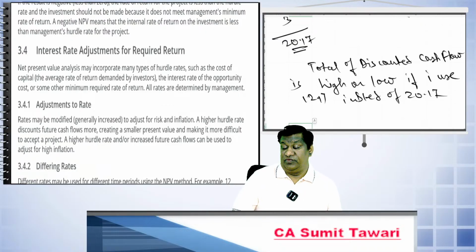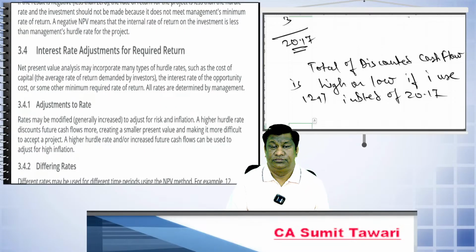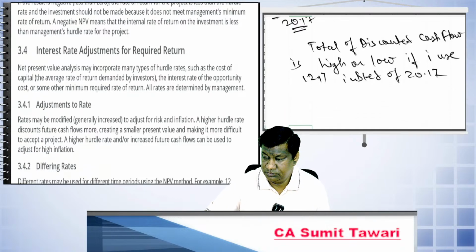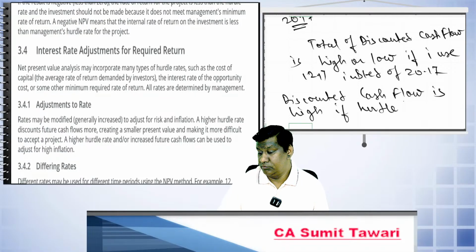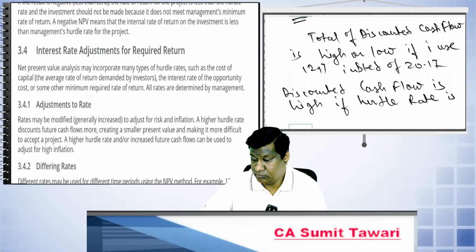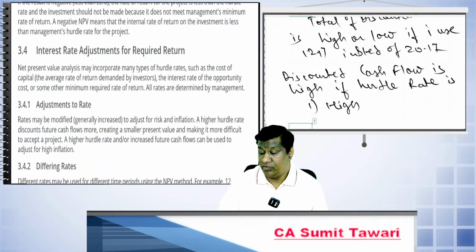Is the discounted cash flow with a hurdle rate of 12.17 higher, or the discounted cash flow with a hurdle rate of 20.17 higher? Any guess? Option 1 high, option 2 low.